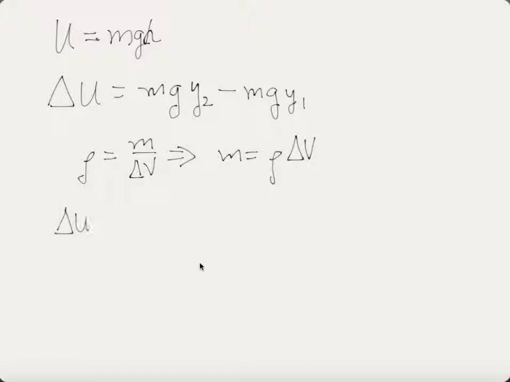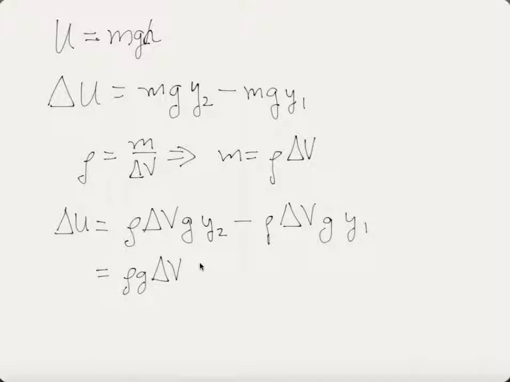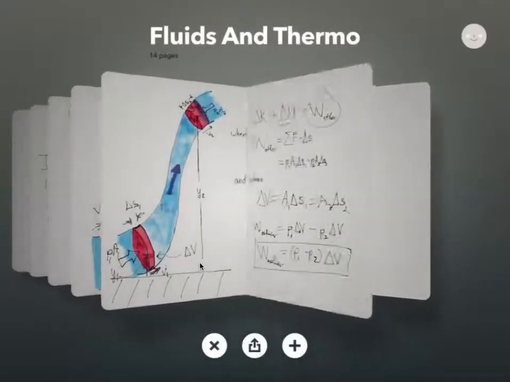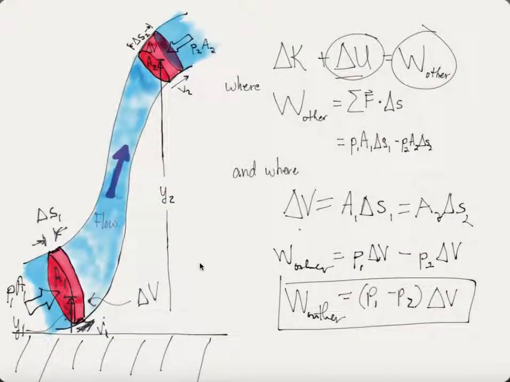So delta U is going to equal rho times delta V times G times Y2 minus rho delta V times G Y1. So we can pull all of that out. This will end up being rho times G times delta V times Y2 minus Y1. So this is going to be our delta U, and that is this portion of the work energy theorem.